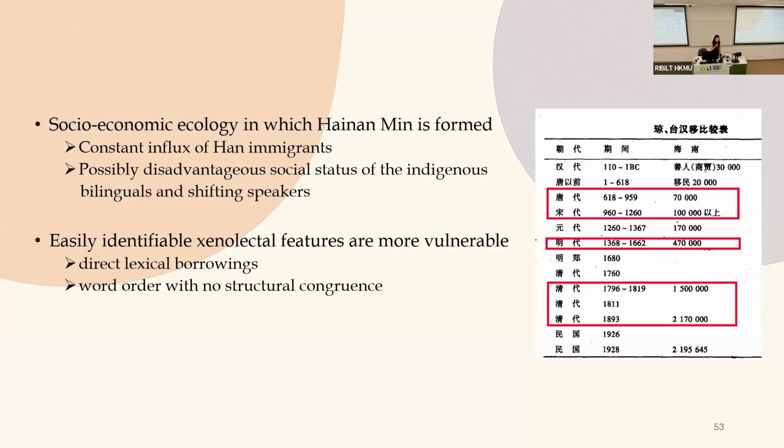So in this case, sinolectic features, meaning features that could be easily identified as non-Chinese, would be on one hand more easily noticed by the shifting speakers themselves and thus intentionally removed from their speech, and on the other hand, more likely to get rejected by the speech community as a whole and become obsolete.